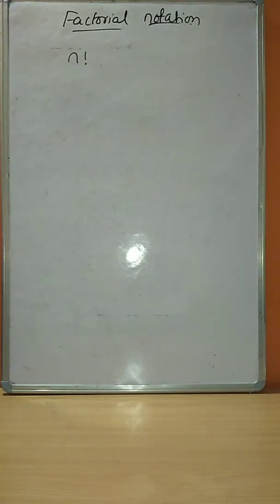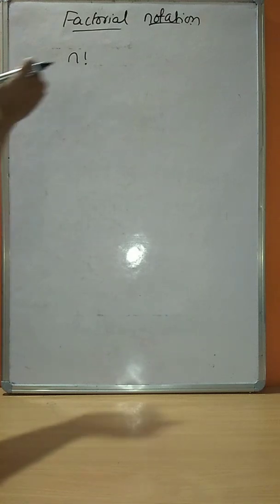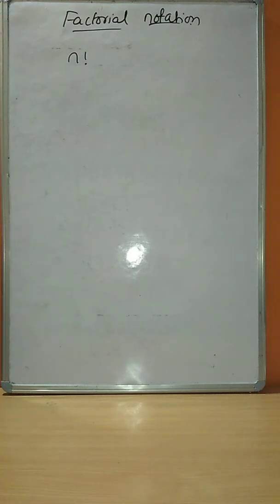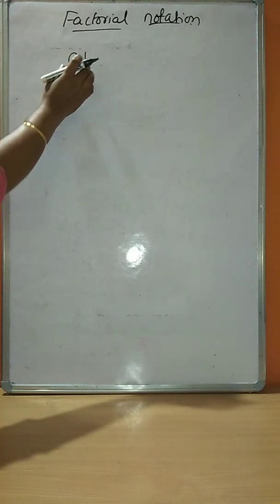Factorial notations can be represented in the form of what? N factorial. What's the meaning of this? This notation represents the product of the first n natural numbers.